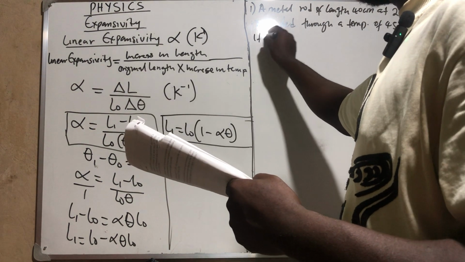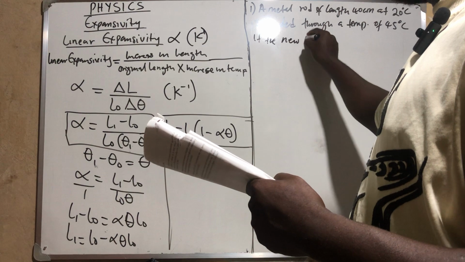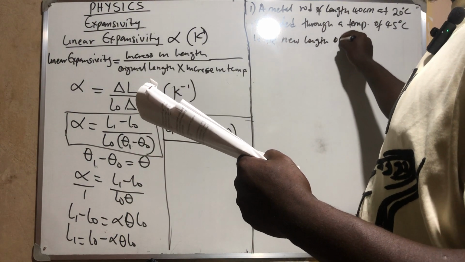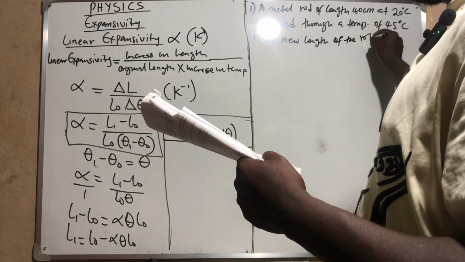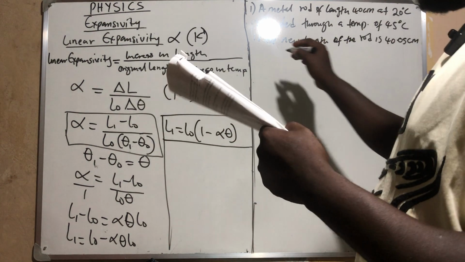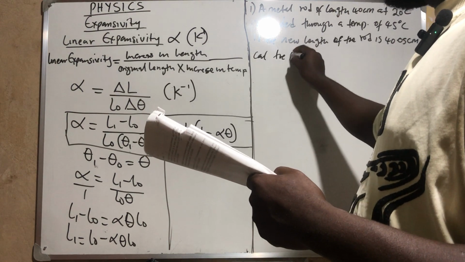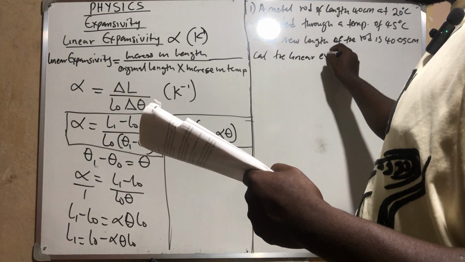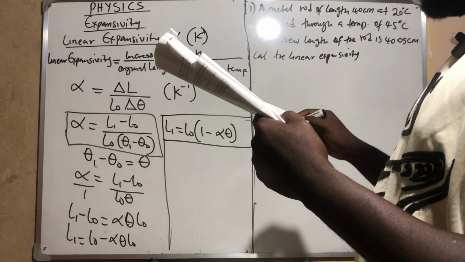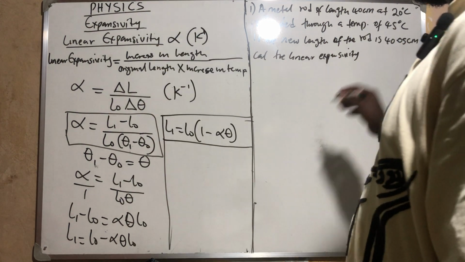If the new length of the rod is 40.05 cm, calculate the linear expansivity of the rod.